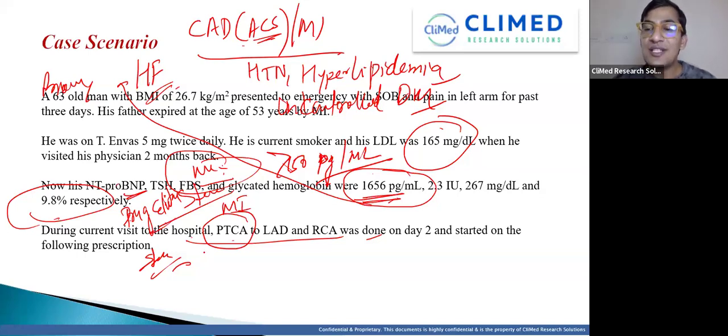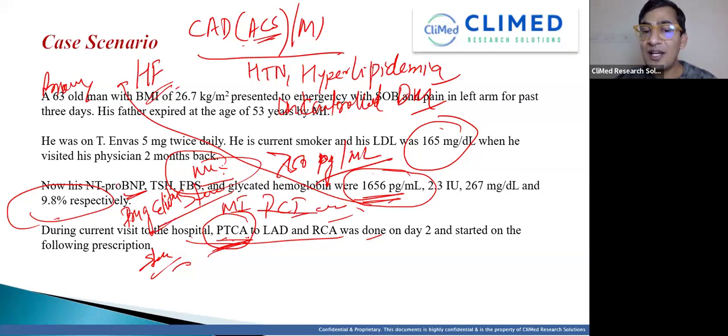Wherever the block is inside the coronary artery, inside the heart, we remove the block and put the stent there. That is called PTCA, percutaneous transluminal coronary angioplasty. If it is without stent, then we call it PCI. PCI is with or without stent. If definitely with stent, then percutaneous transluminal coronary angioplasty.